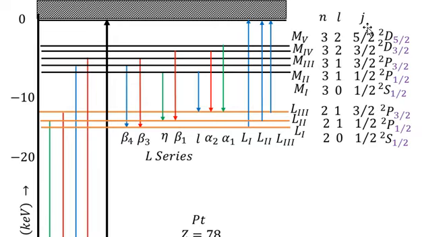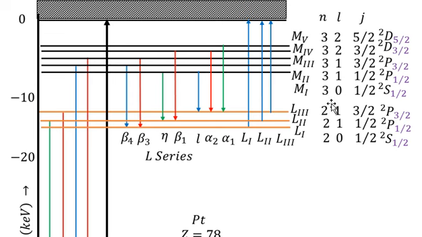To find the value of J, you need the spin quantum number of the electron, which is S equal to 1/2. So J is equal to mod of L plus or minus 1/2. Combining the orbital quantum number and the spin quantum number, you will get these terms.